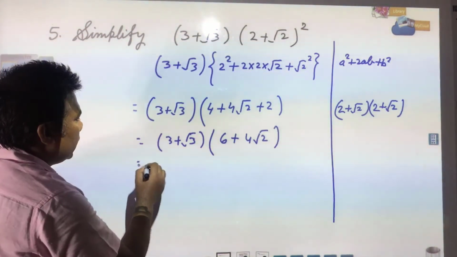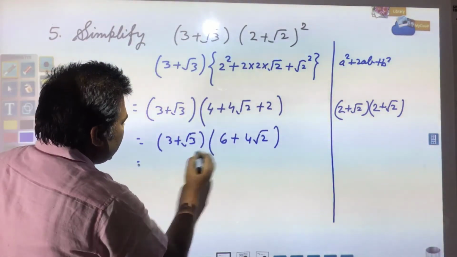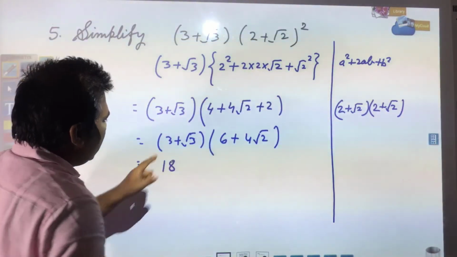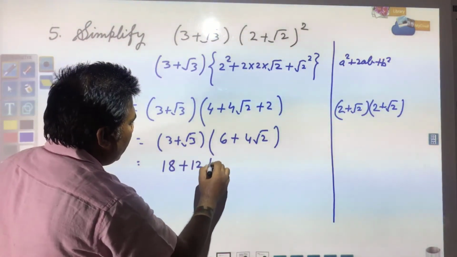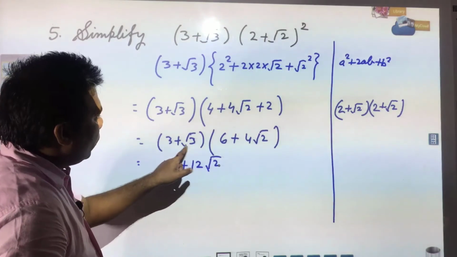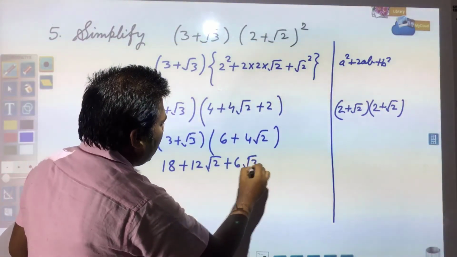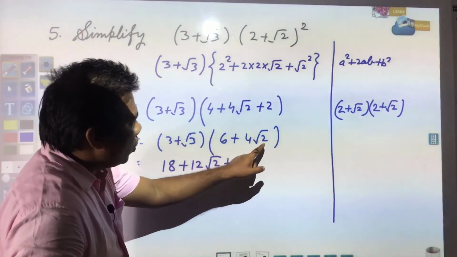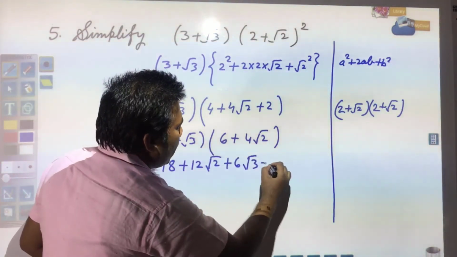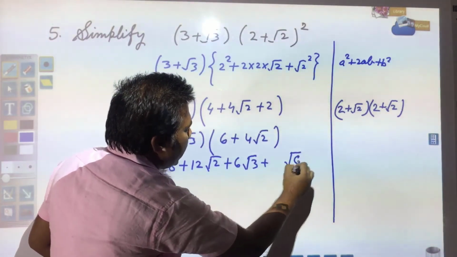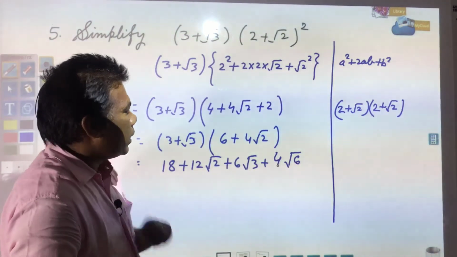Now, you multiply this 3 into these both terms, 3 6s are 18, 3 4s are 12 root 2, root 3 into 6, 6 root 3, root 3 into root 2, 2 3s are 6. So, plus under root 6, and this 4 you have 4 under root 6.